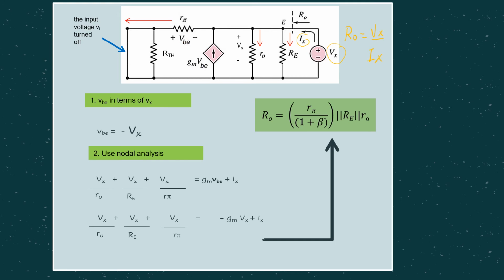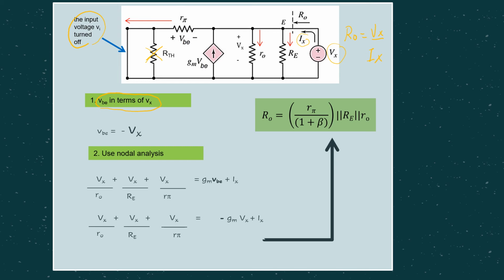But take note, in doing so, whatever voltage is connected at the input side, we need to turn it off. So there is no Vs here, we turn it off. Then basically step number 1, we need to relate VBE in terms of Vx. Since Vi is being turned off, replaced with a short circuit, the RTH here in parallel to it also won't give any effect because it's in parallel to a short circuit.